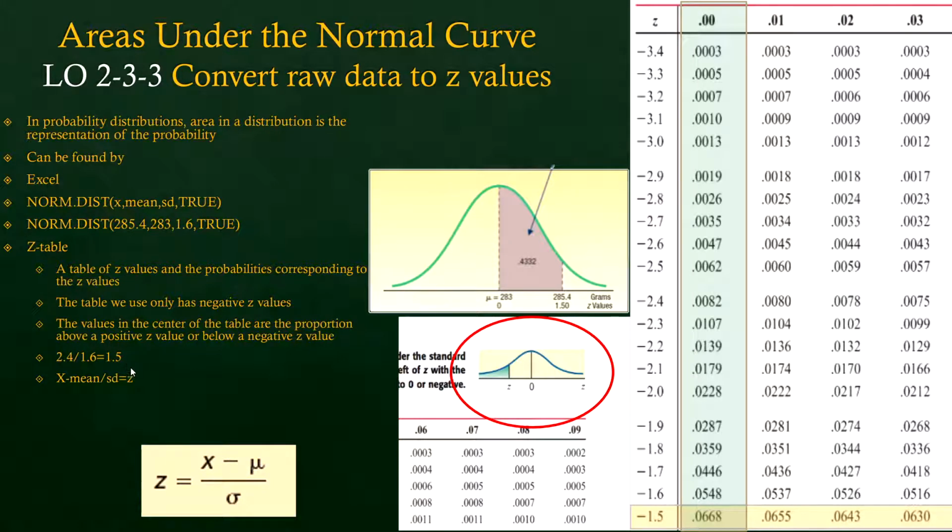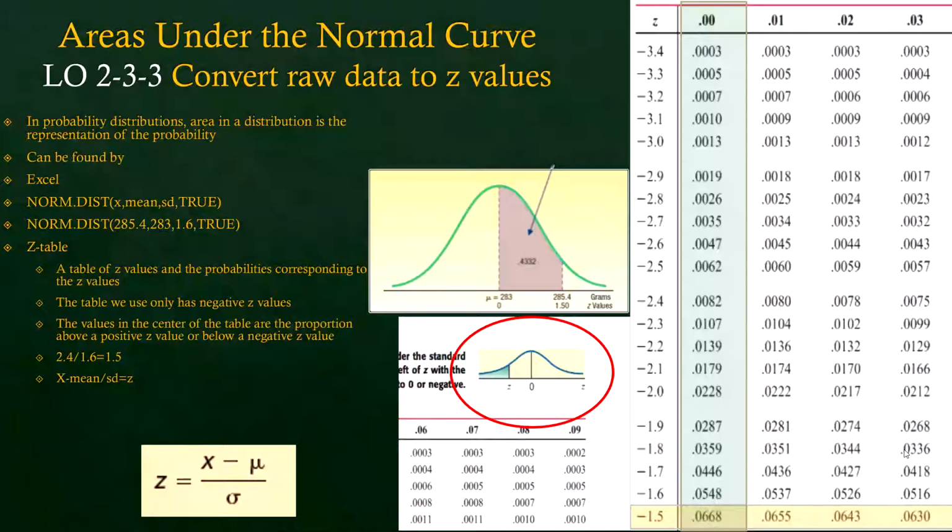Is there anything after that? No. So it's 1.50. So what you do is find the intersection of those two, and this right here is the probability of a value below a negative z value, or the probability of a value above a positive z value. So this is a positive z value, the positive z value of 1.5.